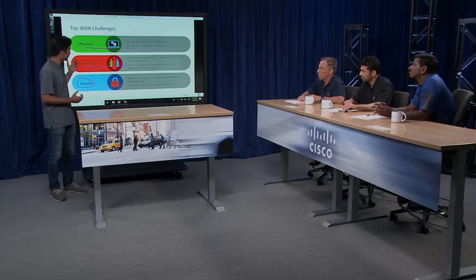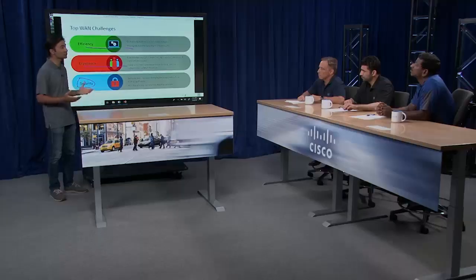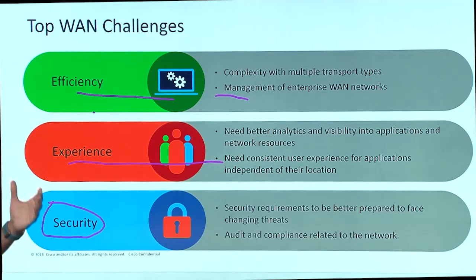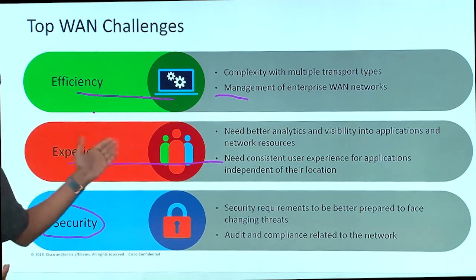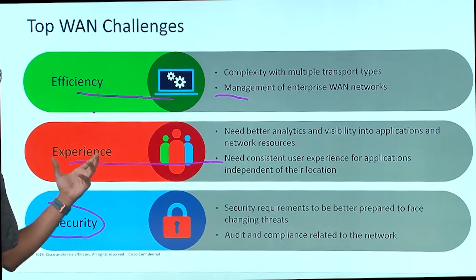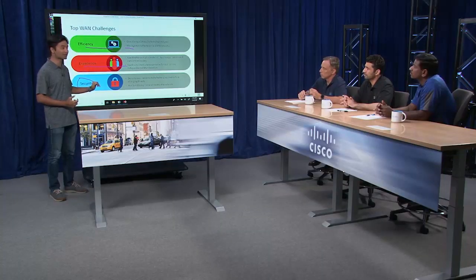When we talk about experience and efficiency, we want to highlight the fact that these transports that we have, we just don't want them sitting there idly for backup or disaster recovery type scenarios. We want to use everything that we have in the most efficient way possible to provide that application experience and to be able to see everything in a simplified way. But now that we're using all of this, got to make sure it's secure. Everything's got to be encrypted, everything's got to be protected, and I've got to have audit and compliance for all of these transports.